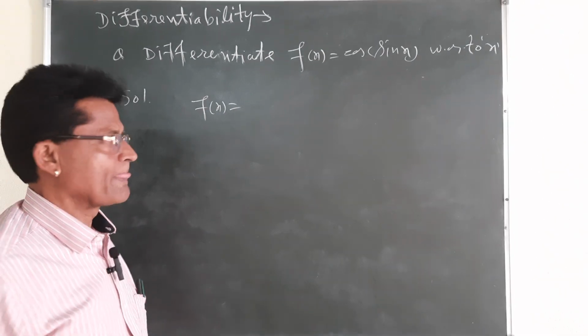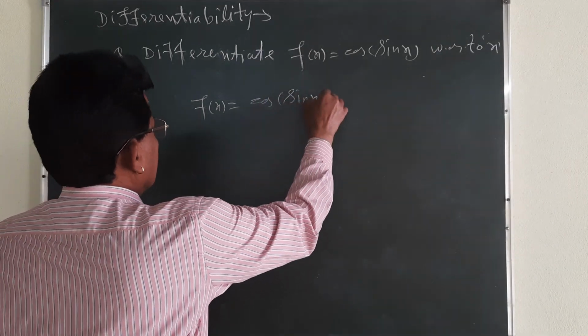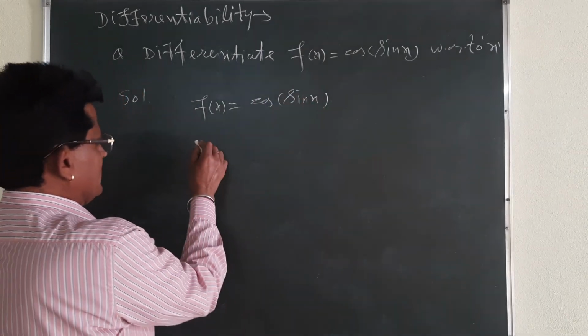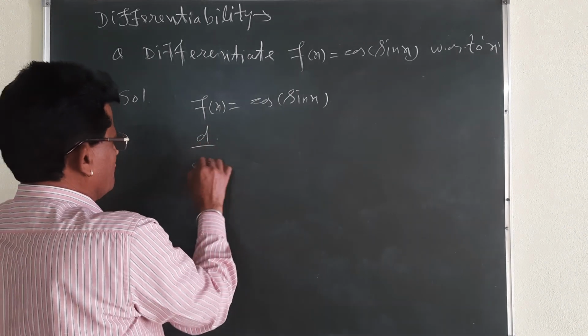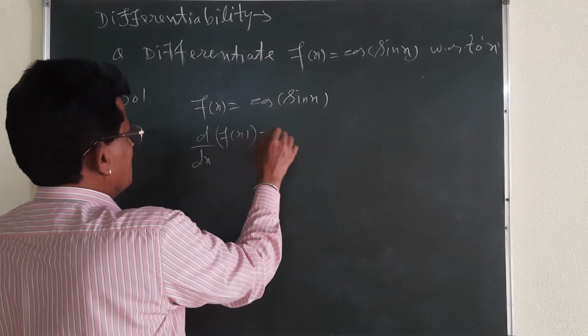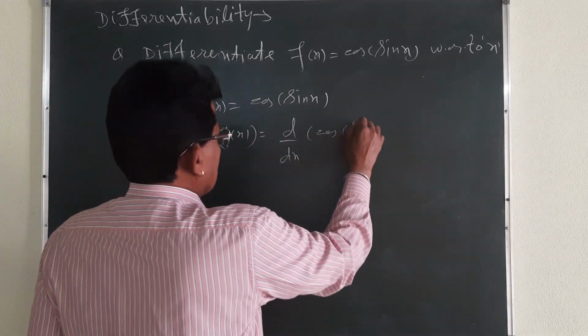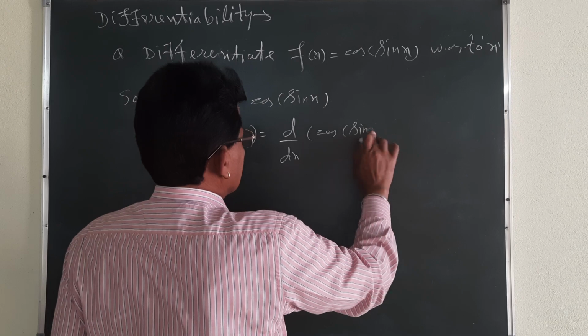You can take y also, cos of sin x. Getting the differentiation of this function, it will be equal to d/dx of cos, where in place of theta is sin x.